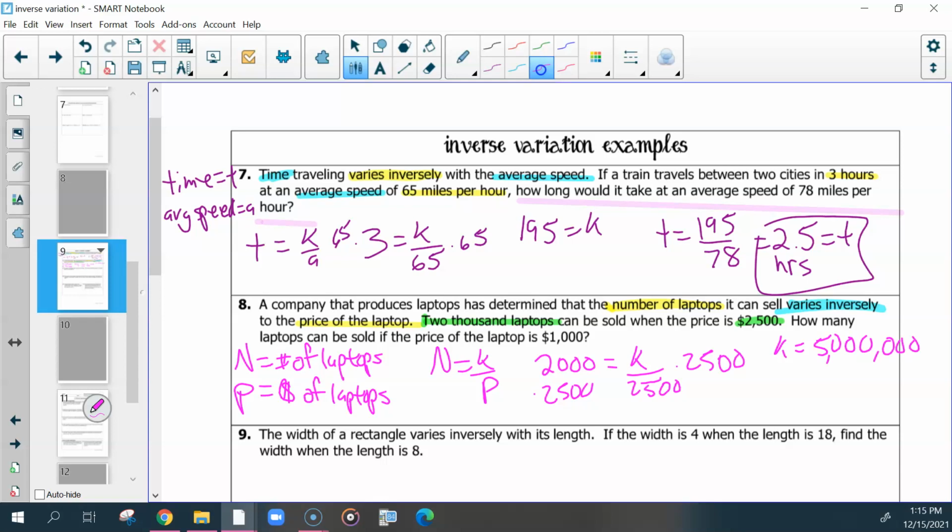Then we could use that to find the number of laptops sold if the price is 1,000. So we're looking for a number of laptops. So we're going to put in 5 million over our price, which is 1,000.